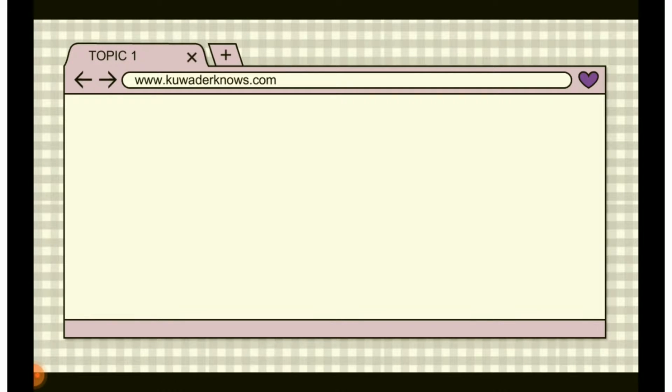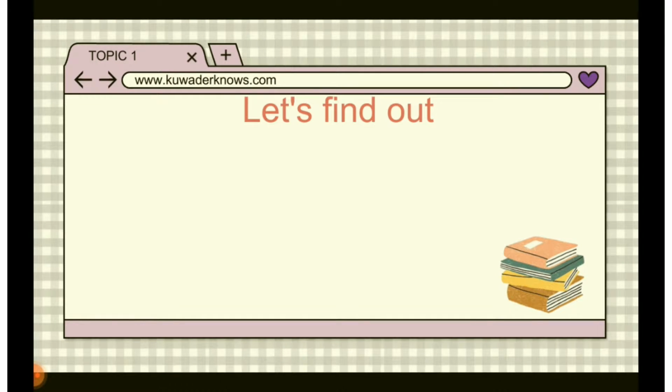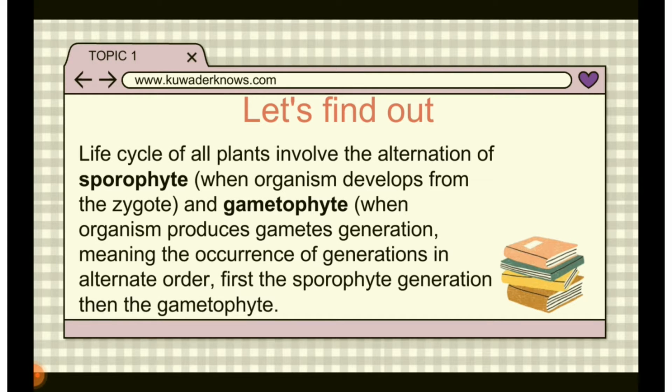So, topic 1. Let's find out. The life cycle of all plants involves the alternation of sporophyte, when the organism develops from the zygote, and gametophyte, when the organism produces gametes.